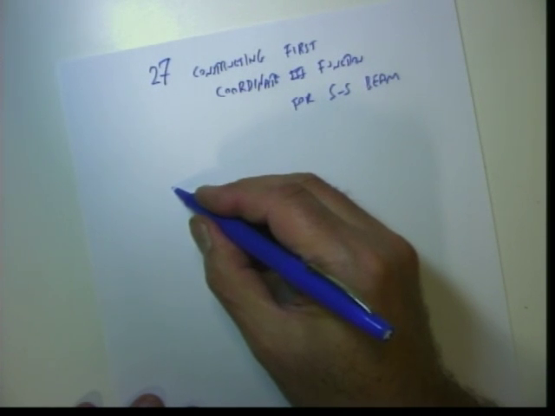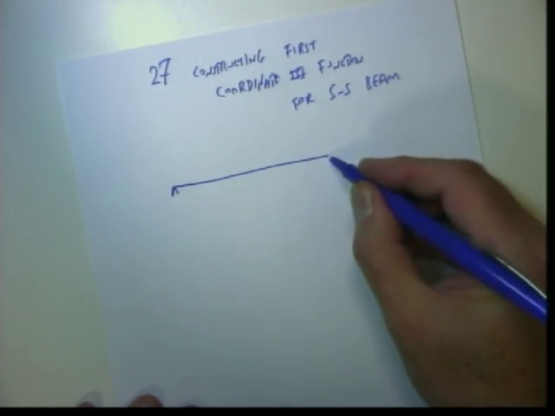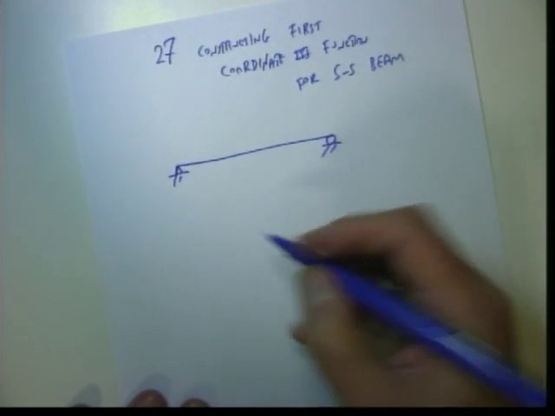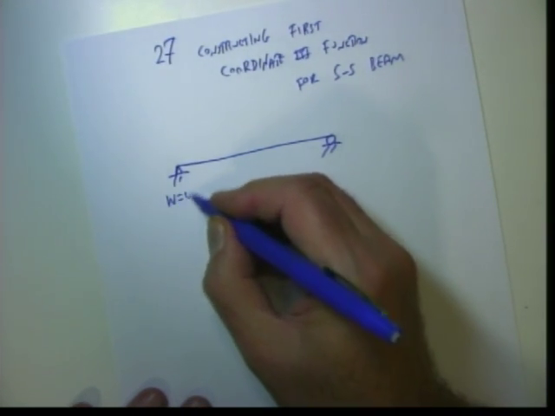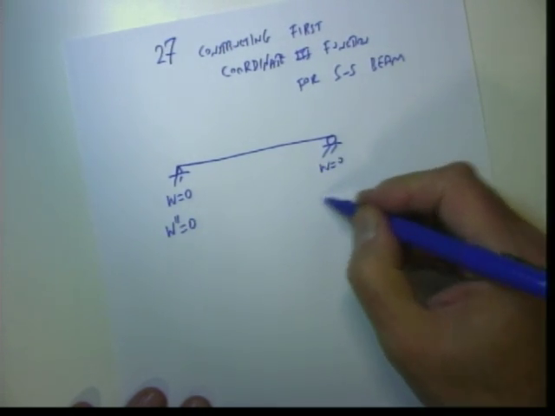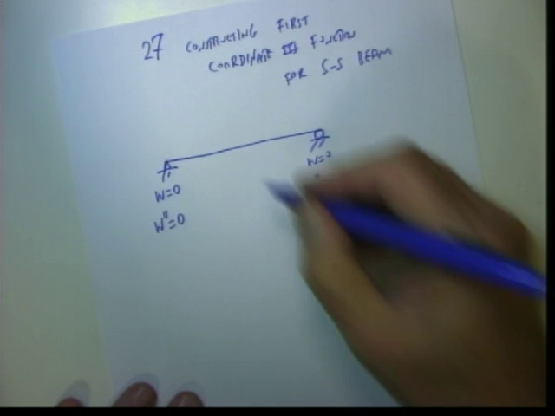So this is this beam. W equals 0, W second derivative equals 0. W equals 0, W second derivative equals 0. This is L.